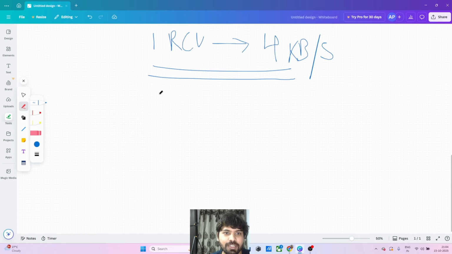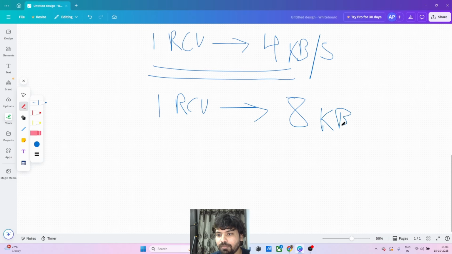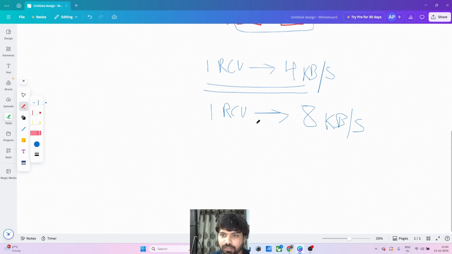For an eventually consistent read, one RCU can do 8 KB per second. So remember that. Eventually consistent reads will have a better throughput because they require less RCU.